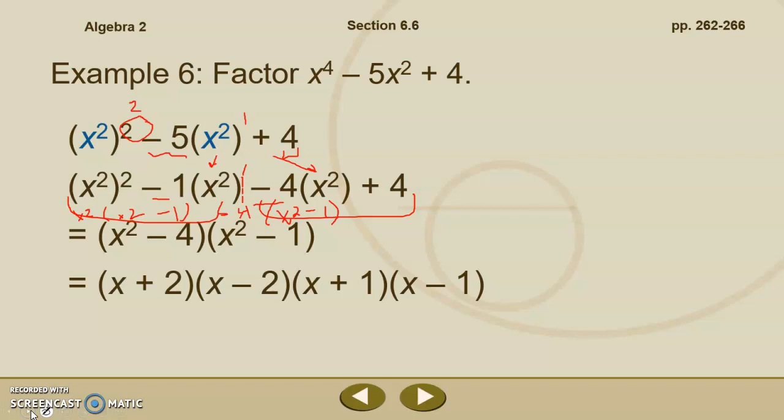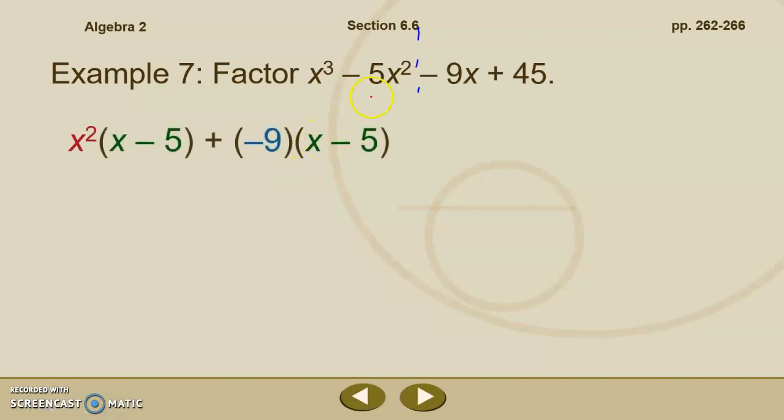And we can write that furthermore as x plus 2 and x minus 2. We have a difference of squares, and this is also a difference of squares, so we'll write that as x plus 1 and x minus 1. So we end up with 4 different factors. This should have been a clue on how many factors you were going to end up with.